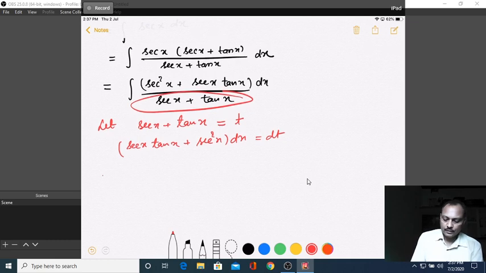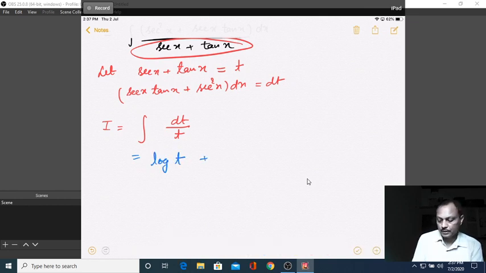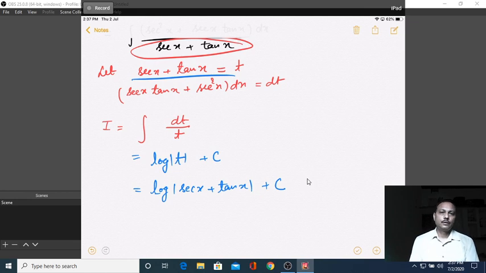So we can write this as dt, and sec x plus tan x is t. So it equals log of t plus c. The value of t is sec x plus tan x. So this is the formula for the integration of sec x.